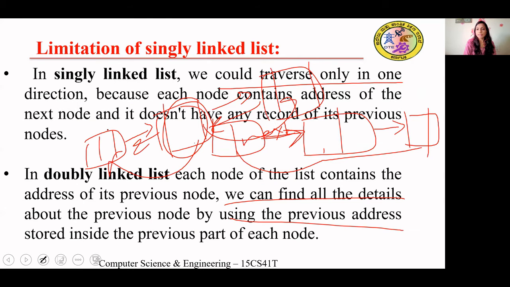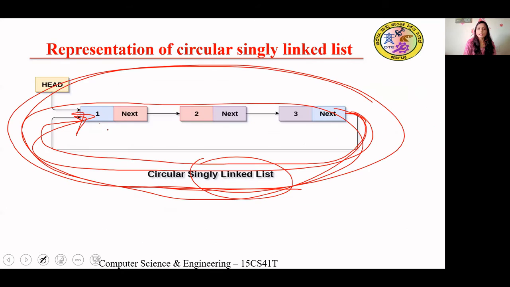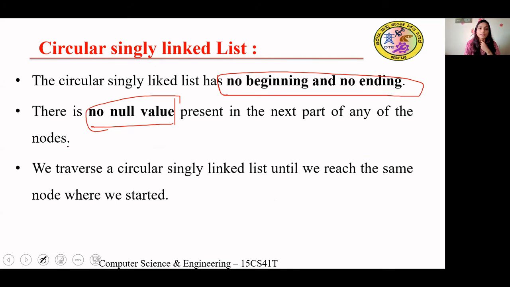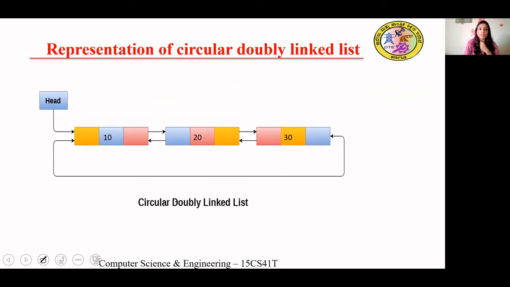In the doubly linked list, there was a null value at the last. Here there is no null value. Okay, the next of the last node will connect to the first node. So we traverse the singly linked list until we reach the same node where we started.